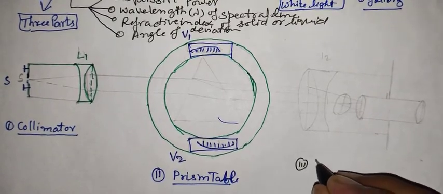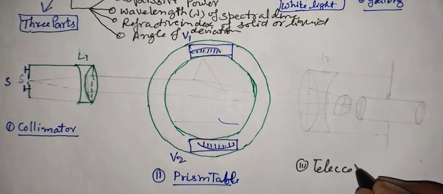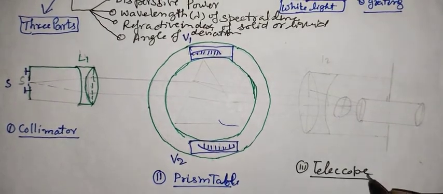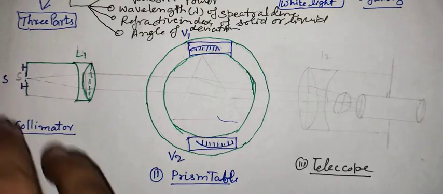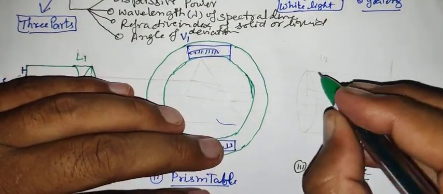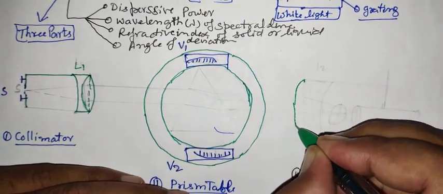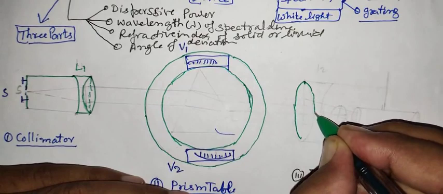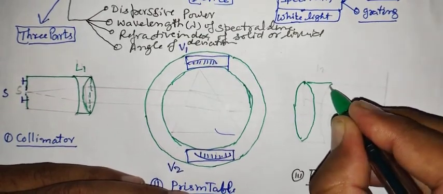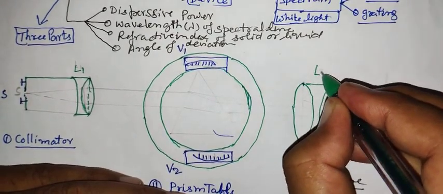see carefully, the telescope. Here in this telescope there is an achromatic combination of convex lens L2.